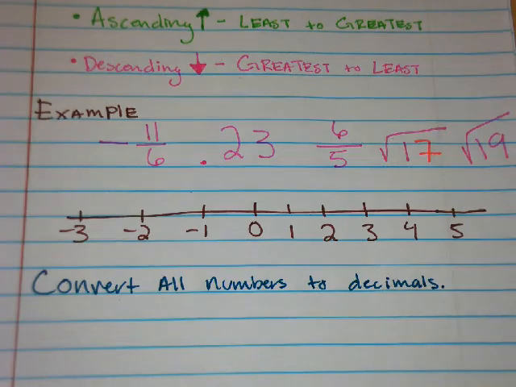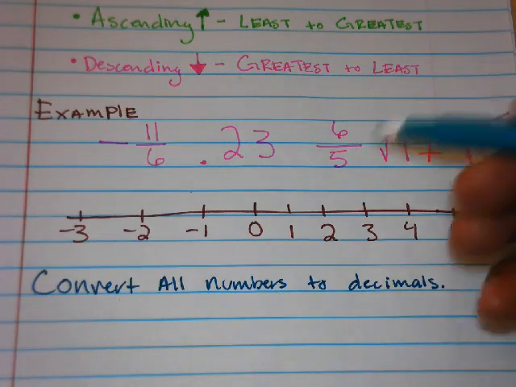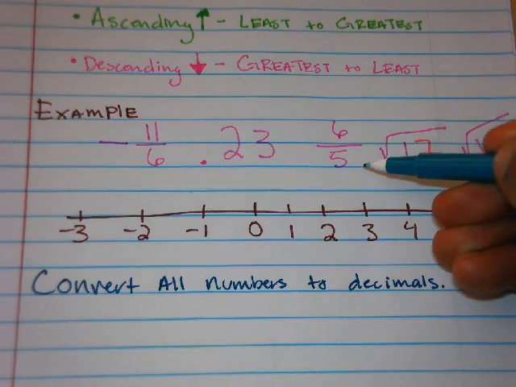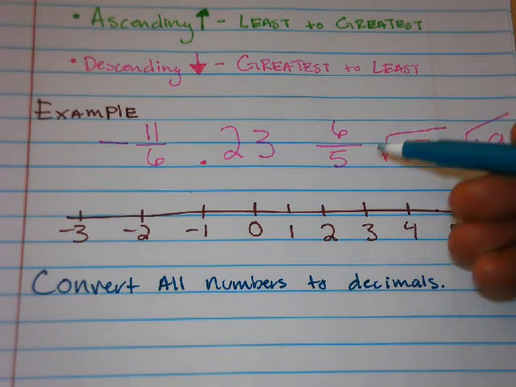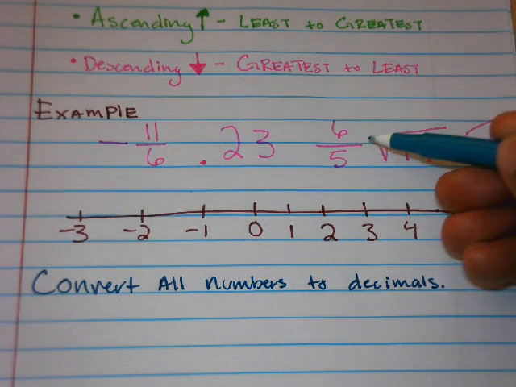Obviously, 23 hundredths is already a decimal, but you would take negative 11 over 6 and divide 11 by 6, and whatever decimal you get, you make it negative. Six fifths, you would take 6 and divide by 5, because every fraction is a division problem: the top divided by the bottom, or the numerator divided by the denominator. So it would be 6 divided by 5.